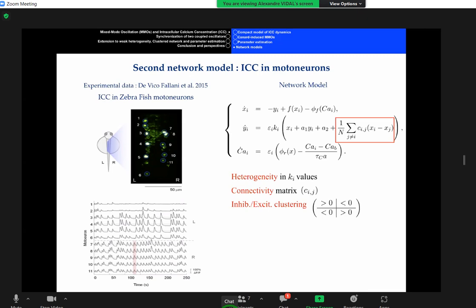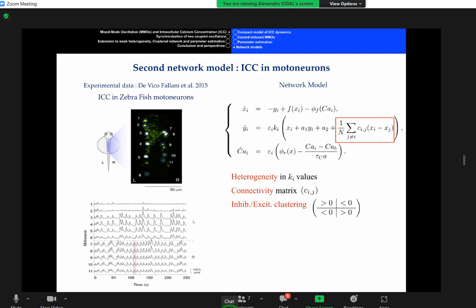And to reproduce the clustering of the whole network between the left and right side of the spinal cord, we assume that the connectivity matrix is given by positive coupling gain between neurons in the same cluster, while we have inhibition between neurons when they are in two different clusters.